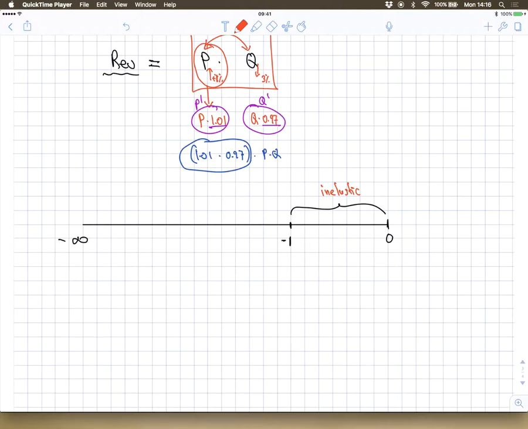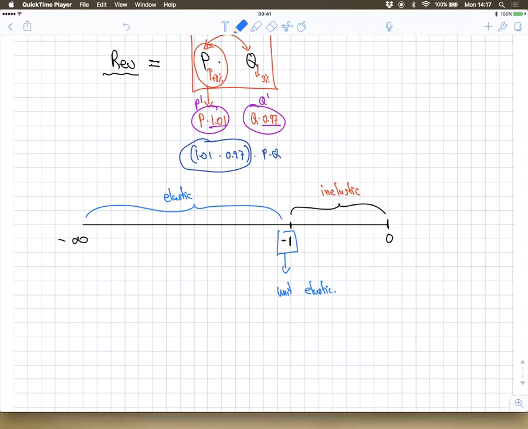So this bit here is what we call elastic. And this bit here is what we're going to call unit elastic. So at that particular point, your revenues should not be changing with that particular change.